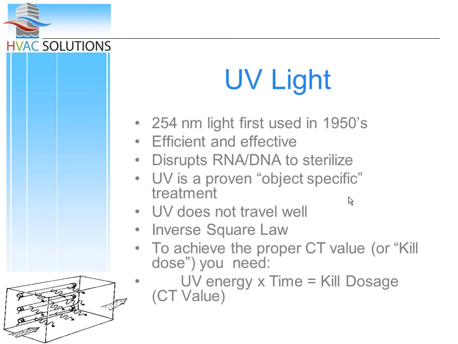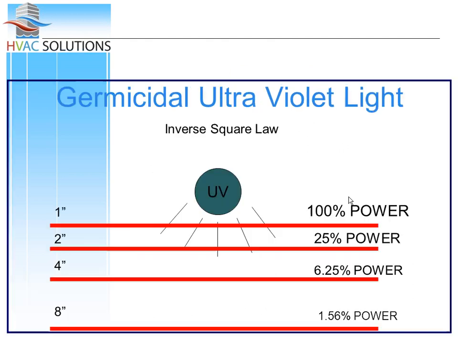What UV light does not do very well is it doesn't travel, so it doesn't go very far, it doesn't go very fast, and that's why you need a long exposure time. But if you give it that long exposure time, it does a great job.